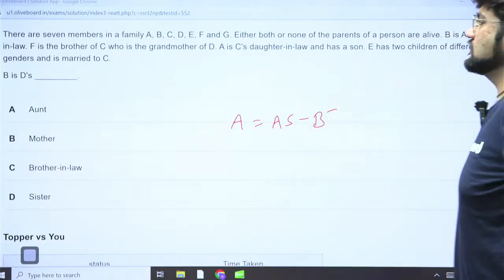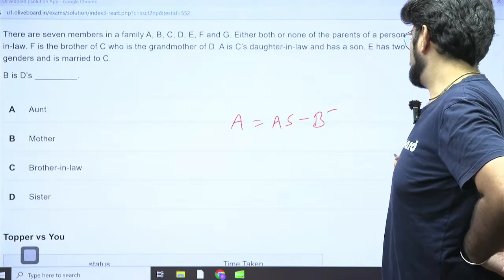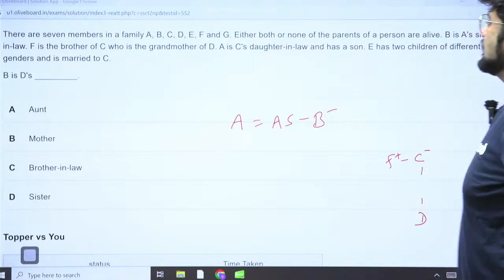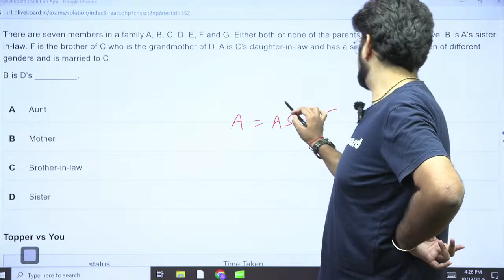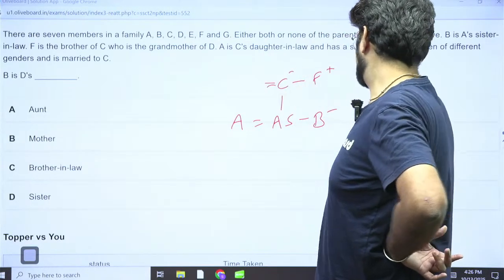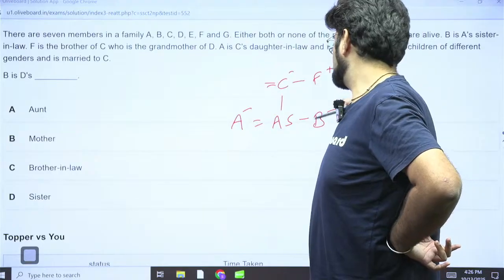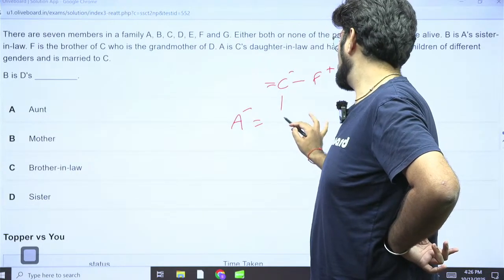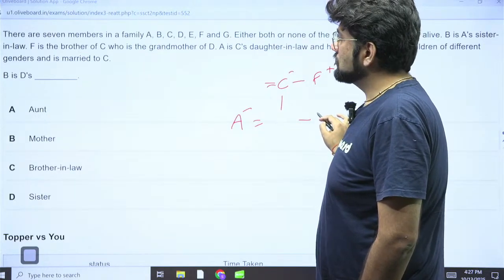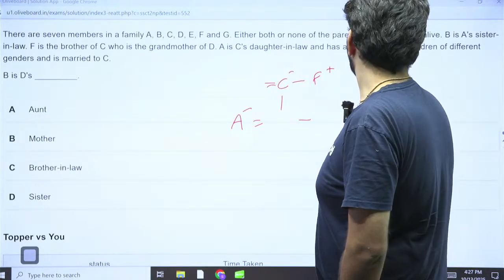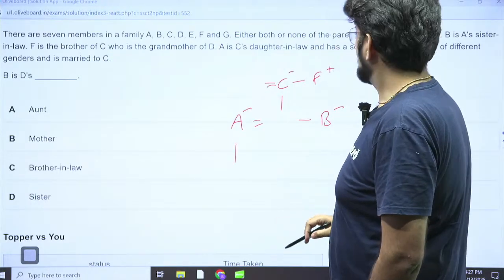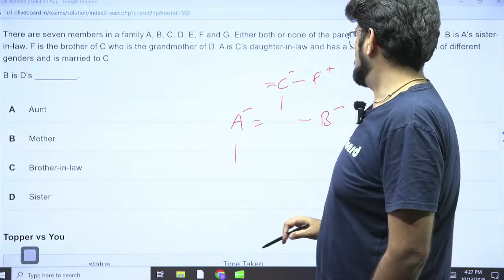F is the brother of C, who is grandmother of D. A is C's daughter-in-law, and has a son. E has 2 children of different genders.